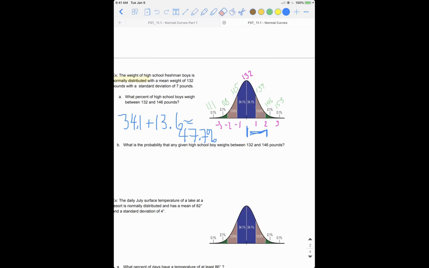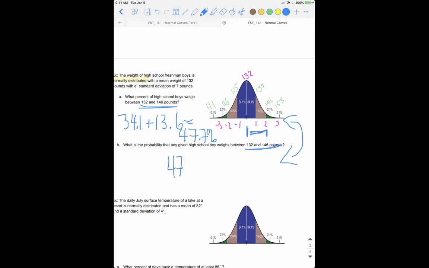Next question, it says, what is the probability? Probability and percentage are very similar, so we're going to look at them similarly. You could be asked either what percent or what's the probability that a given high school boy weighs between 132 and 146. So these two questions are asking the same thing. What's the probability, or what's our percentage?